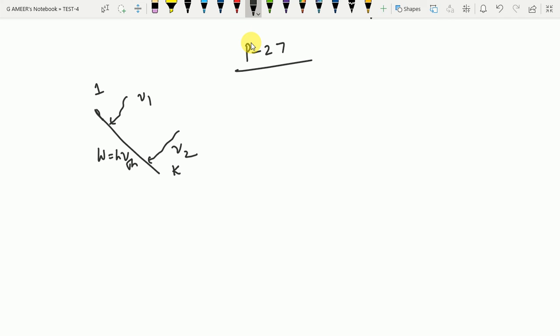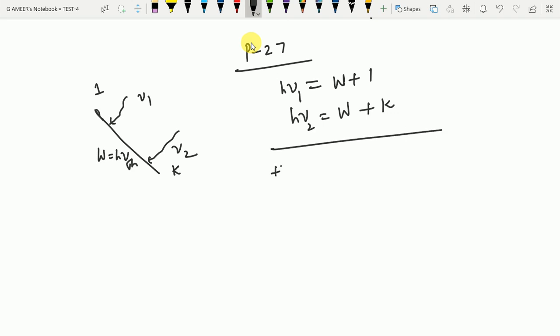In the first case, h nu1 is equal to work function plus 1, and h nu2 is equal to work function plus kinetic energy K. So from here we need to estimate the work function, and then the threshold frequency. Let us add both.